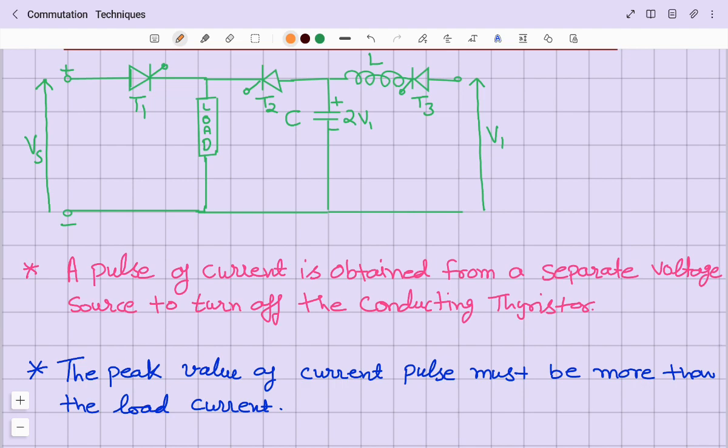So thyristor T1 is subjected to reverse bias if Vs minus 2V1 is negative.